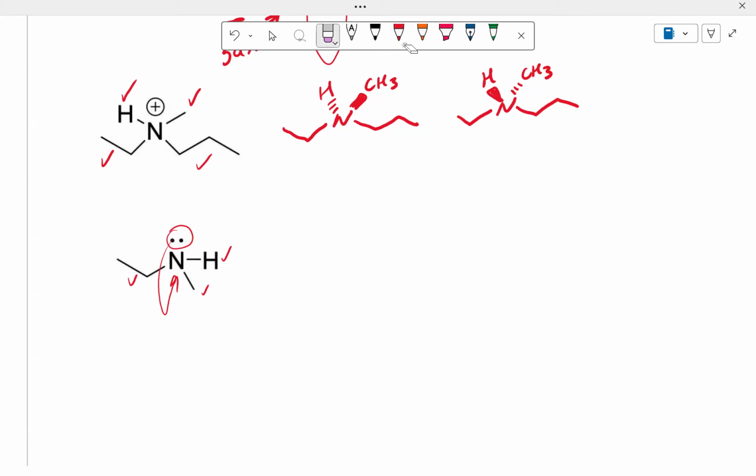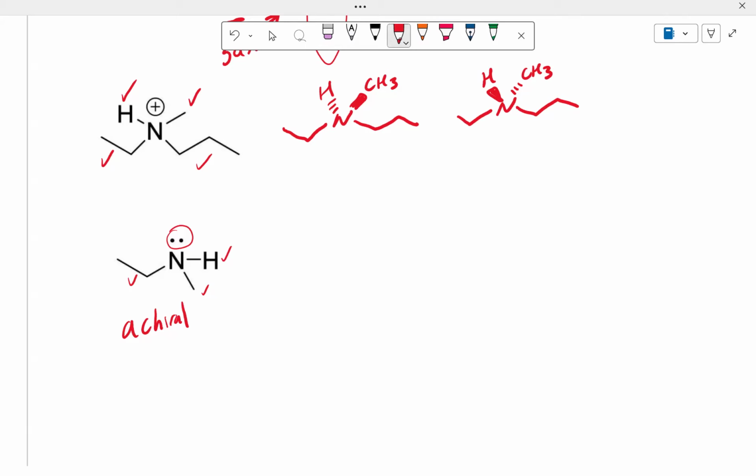So at room temperature, it's constantly flipping. So trying to resolve a pair of enantiomers of this is impossible. And so we basically say that even though there's four groups here, this is an example where that nitrogen would not be chiral. I just wanted to point that out because some students will come up and ask, hey, that nitrogen technically has four different groups around it.